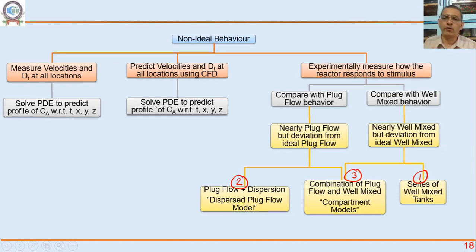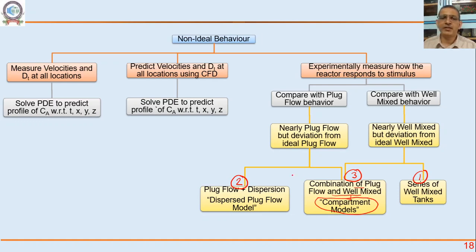It could be two plug flows in parallel, two well mixed in parallel, or plug flow and well mixed in series. So many combinations are possible. We'll talk about them as we go along. We call these compartment models. It's a combination of idealized reactors. This is what we are going to do in our subsequent lectures.